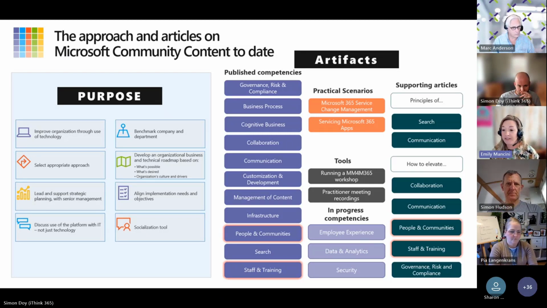Now, looking at our published competencies, we have practical scenarios where we're really going further into these different topics in place. And then we have our Elevate articles for how you go across the different competencies.